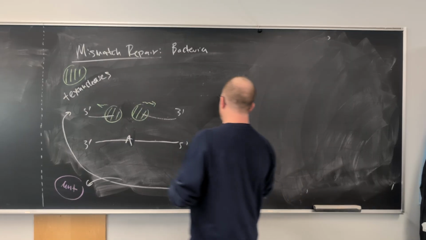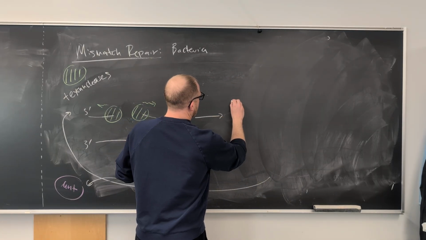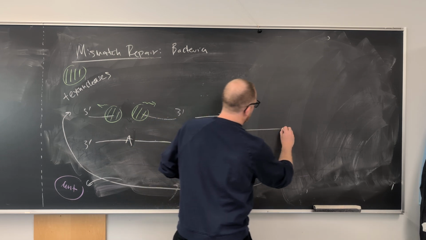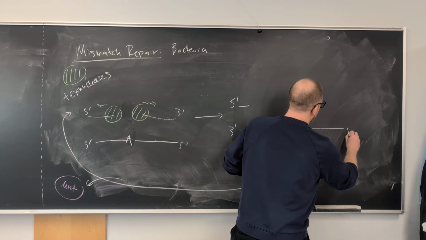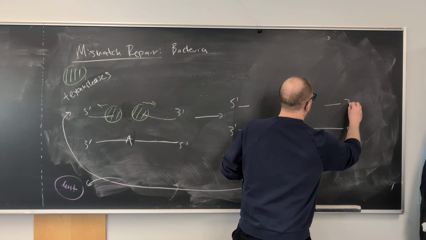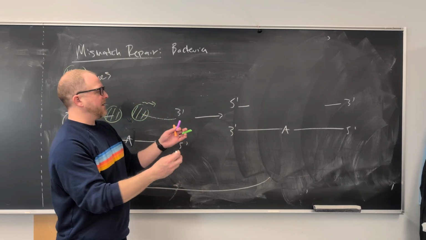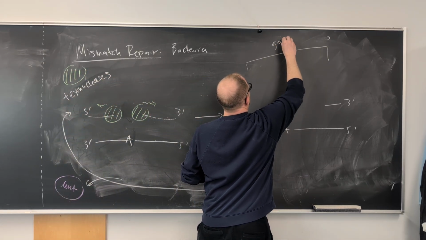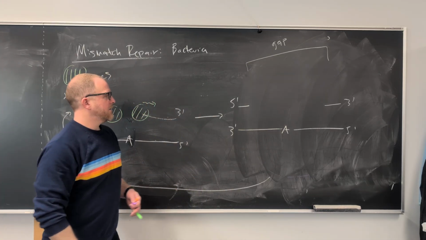Okay? And that leads to something that looks a little bit more like this. 5', a little bit there, 3', there's our correct base, 5', 3'. So here's this expanded gap created by the exonucleases, okay?